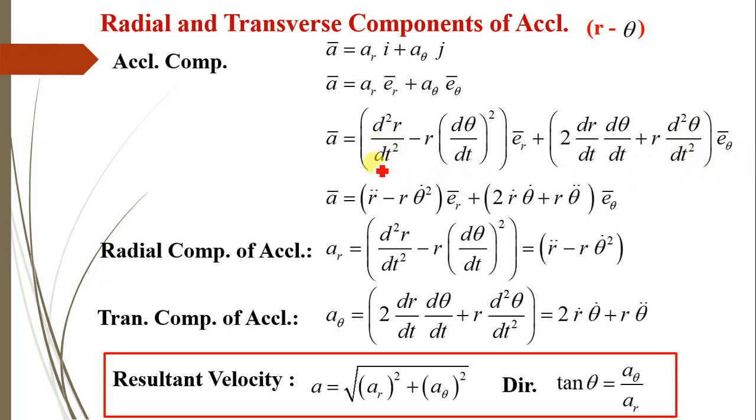We can also express d squared r by dt squared as r double dot, and d theta by dt as theta dot, so the squared bracket is theta dot squared.